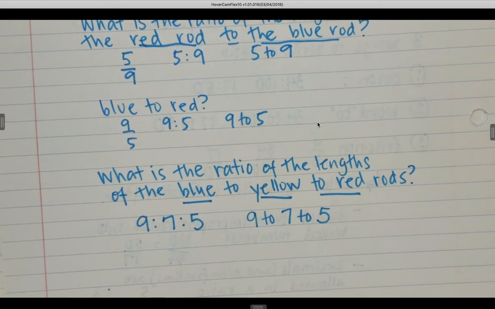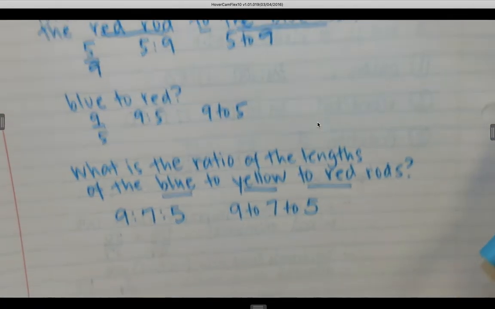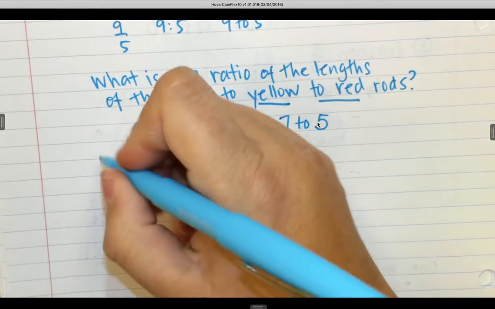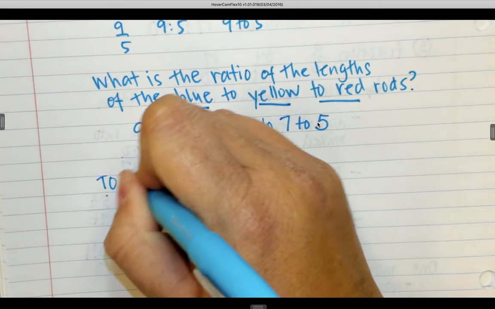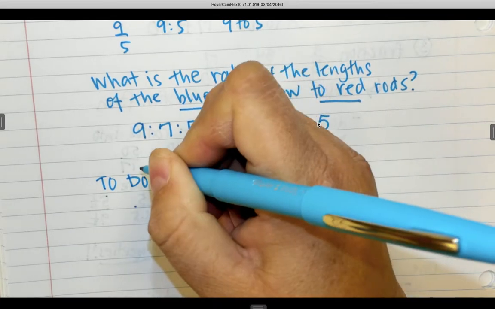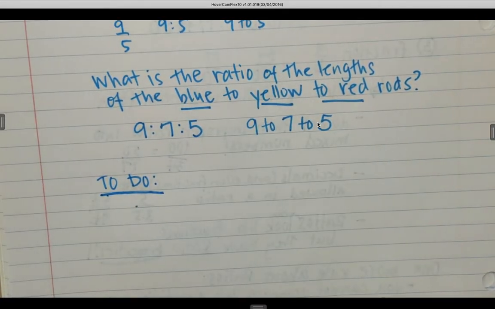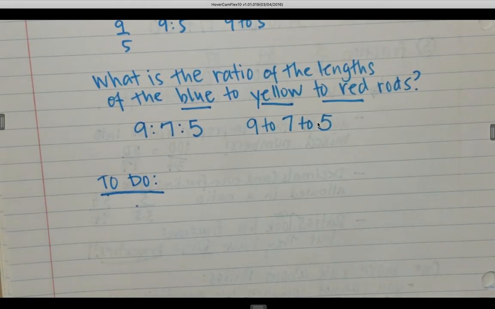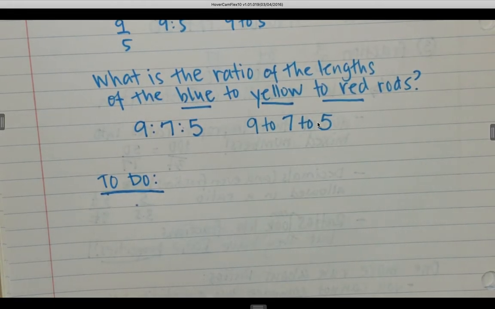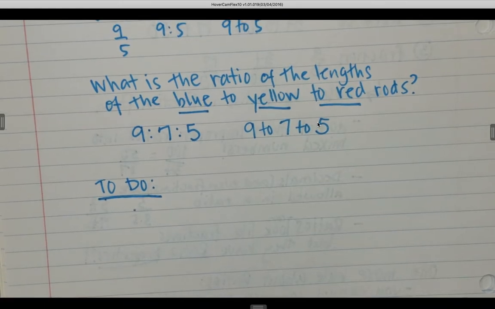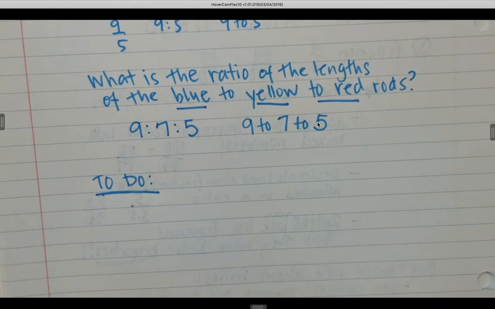Okay. I'm going to give you a to-do that you will come in and talk to your table group about tomorrow. And there is going to be a question. The second question I didn't go over, but hopefully you'll be able to figure it out based on inference. Okay.